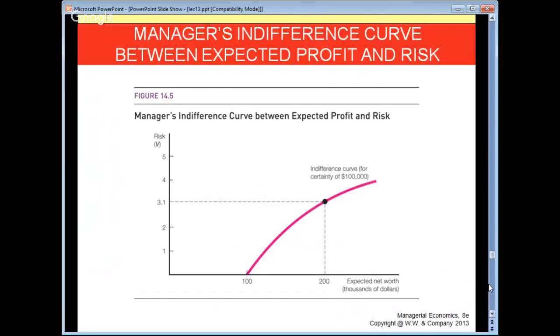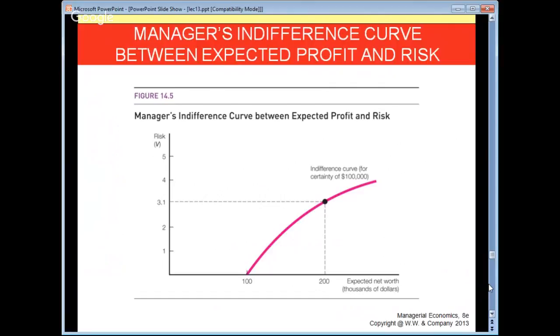And here I have risk. This is the coefficient of variation divided by the expected profit. And here we have the expected profit in $100,000. So here, this person is risk averse because he has a concave utility function. And the risk coefficient at 200,000 is 3.1.